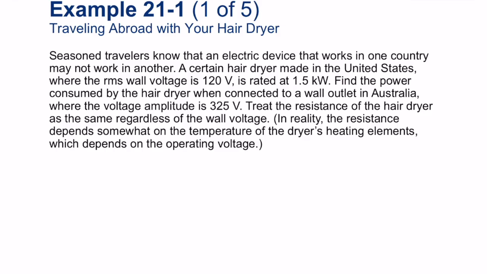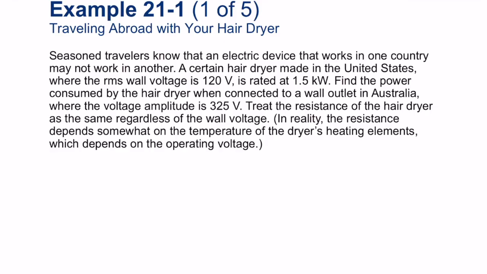So let's do this example. If you've traveled a lot, or maybe you have come to the US from another country, you probably realize that any electronic device that you bring from another country may not work here. And vice versa. Anything made in the US may not work when plugged into the wall in another country. We're going to dive into that and see what happens.